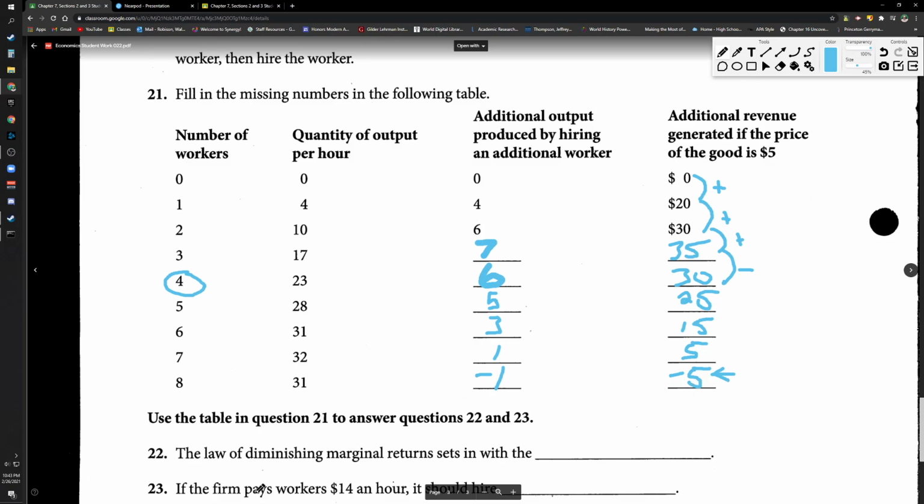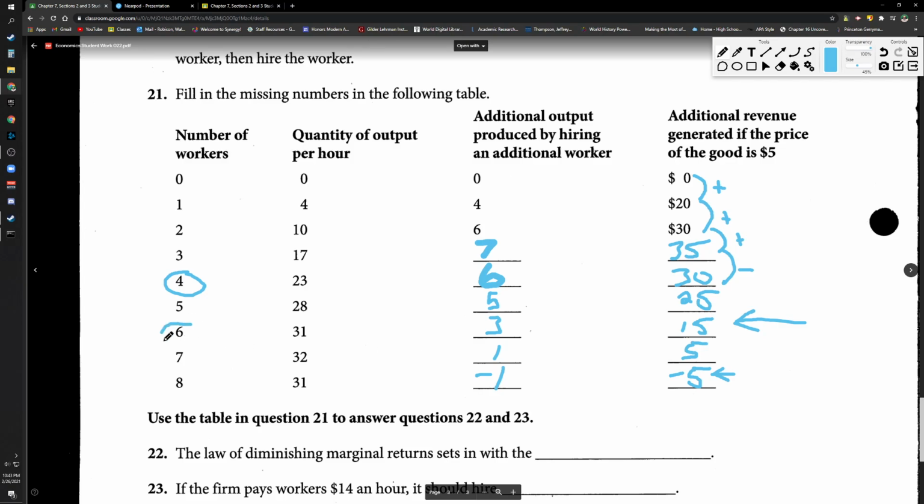Now it says if the firm pays workers $14 an hour, how many people should it hire? Okay, so look at your revenue that's being generated. Which one is the closest but exceeds $14? Okay, and that would be this one, $15.